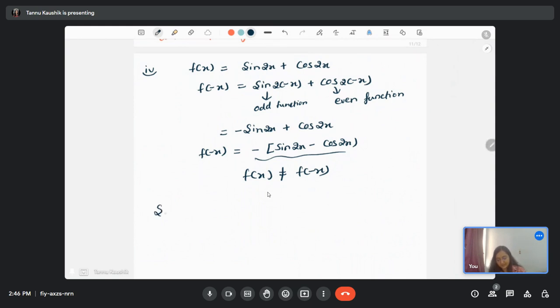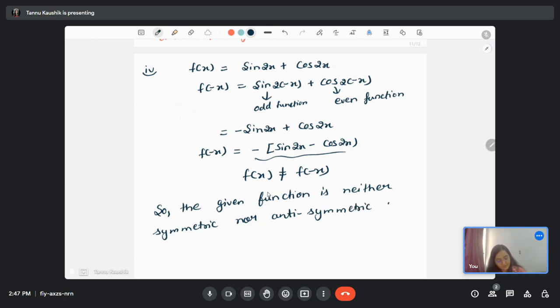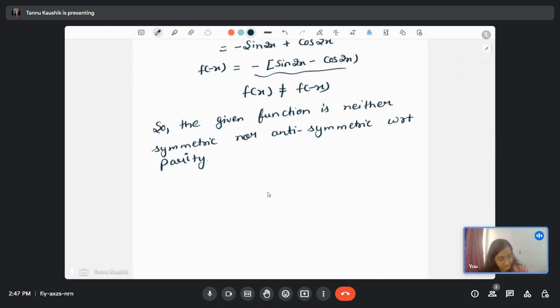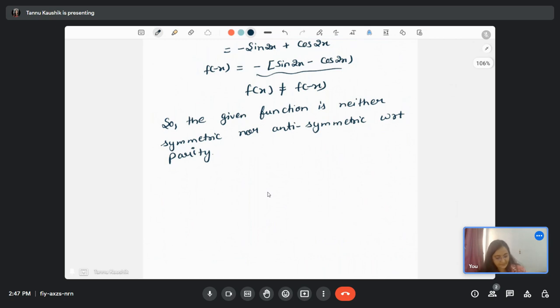So here we can see that f of x is not equal to f of minus x. It is neither symmetric nor anti-symmetric with respect to parity. We are getting different result here. So the given function is neither symmetric nor anti-symmetric with respect to parity.